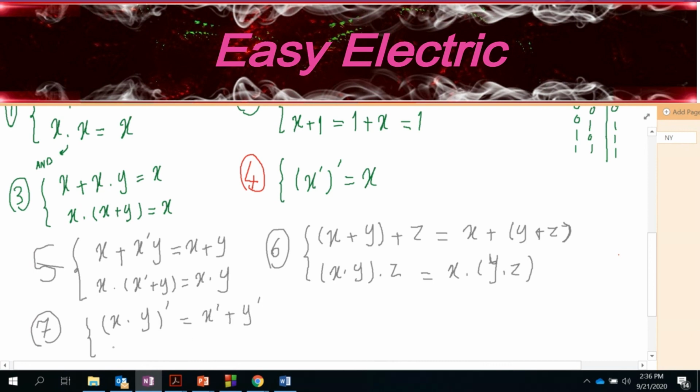So if you do this first on two variables, then take a not, it's equal to the first one prime, then and y prime. This is famous as De Morgan's theorem.